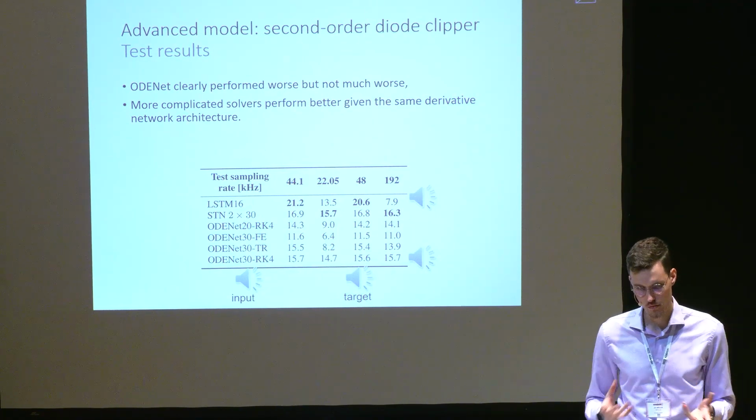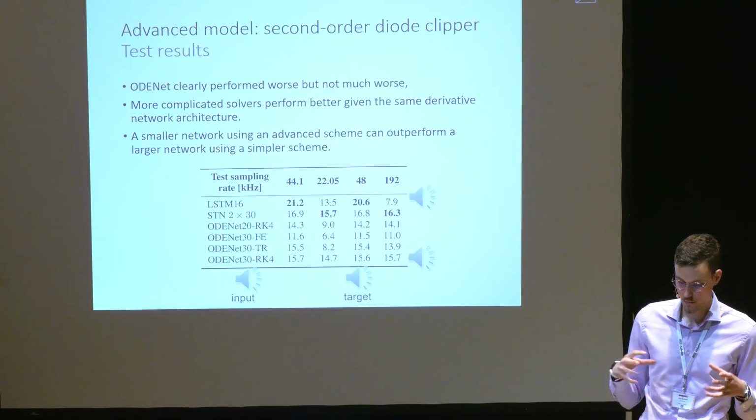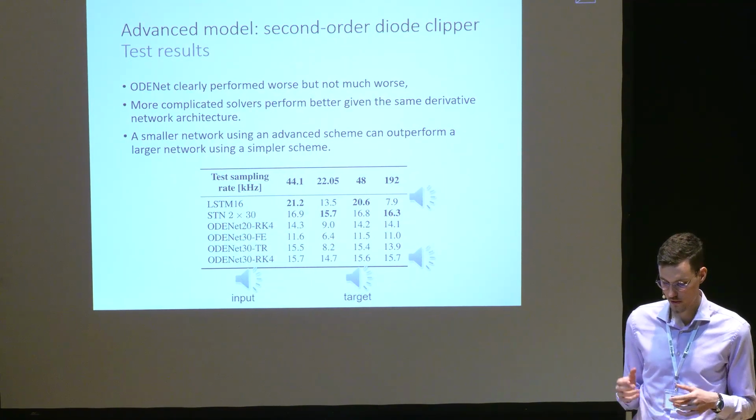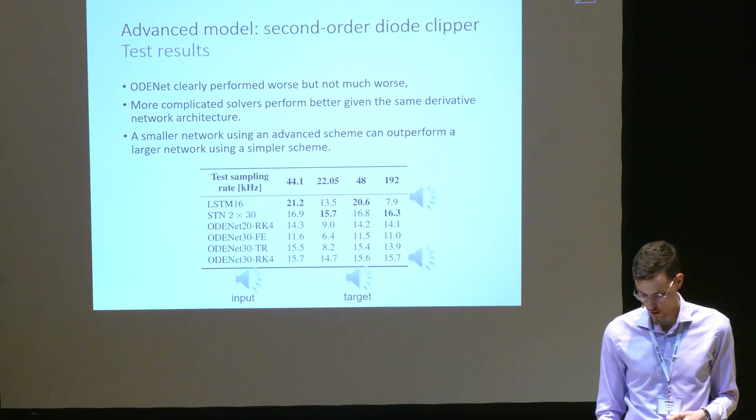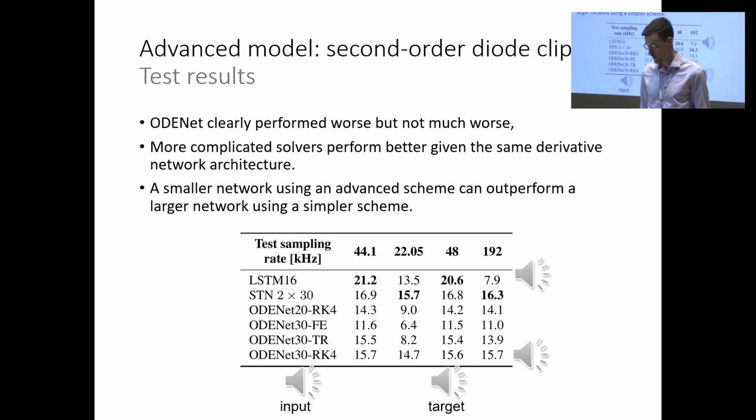So we can have this trade-off here. And then also, we learned that a smaller neural network, the one that has 2 times fewer parameters, ODEnet20 RK4, can outperform a larger network with a simpler numerical scheme.